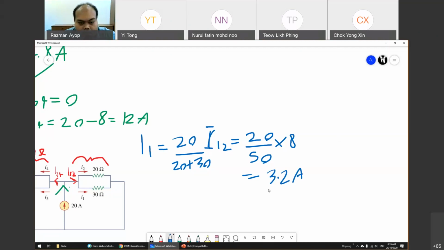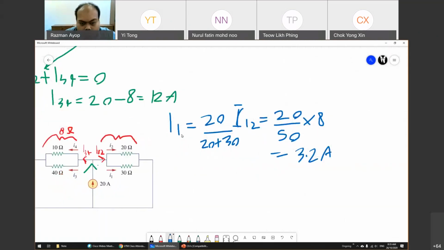So I2, you can use Kirchhoff current law, or you want to calculate it again, it's okay. So I2, you have to use the opposite resistance. 30 divided by 20 plus 30. I12 also 8.